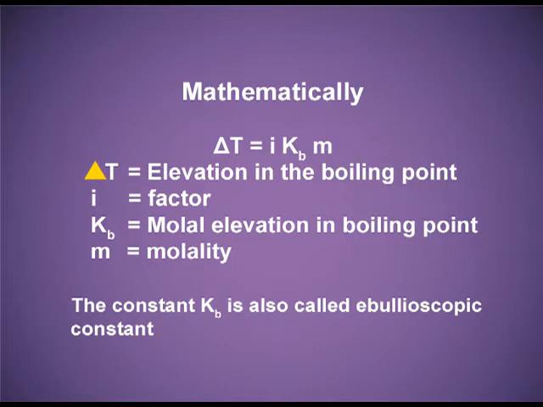Kb is the molal elevation boiling point constant. It is also known as the ebullioscopic constant. Its unit is Kelvin kg per mole, and m is molality. Molality, you know that it is the number of the solute particles in 1 kg of solvent.